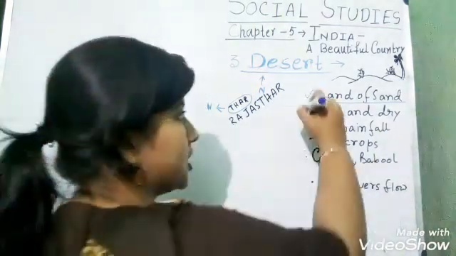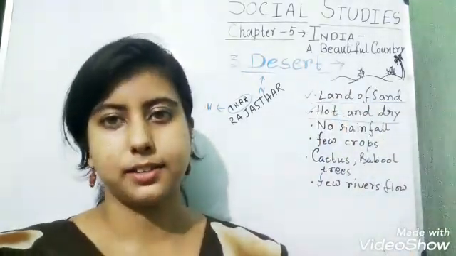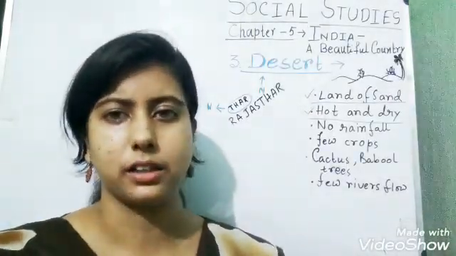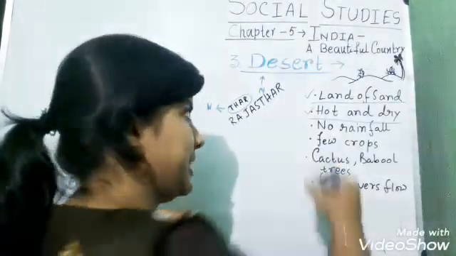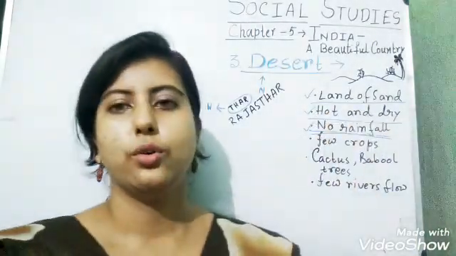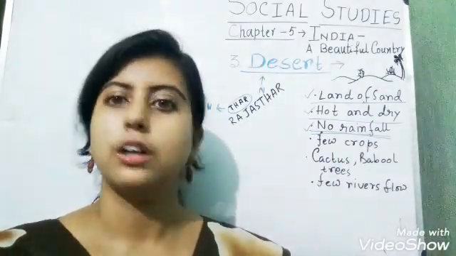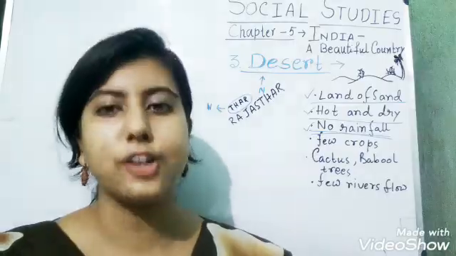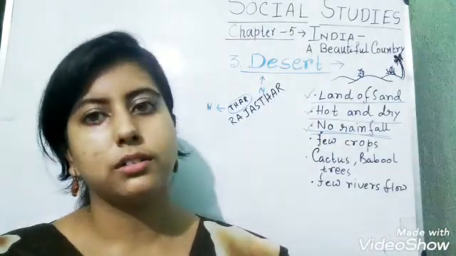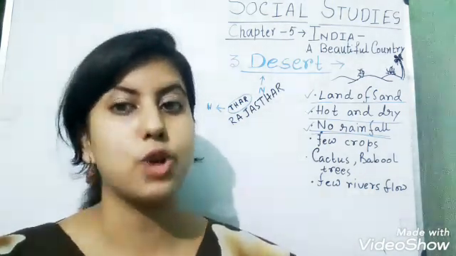The next feature is it is very hot and dry. Now, the next one, that is no rainfall. We can see very little rainfall or no rainfall at all in deserts. So, this makes the whole area very dry.